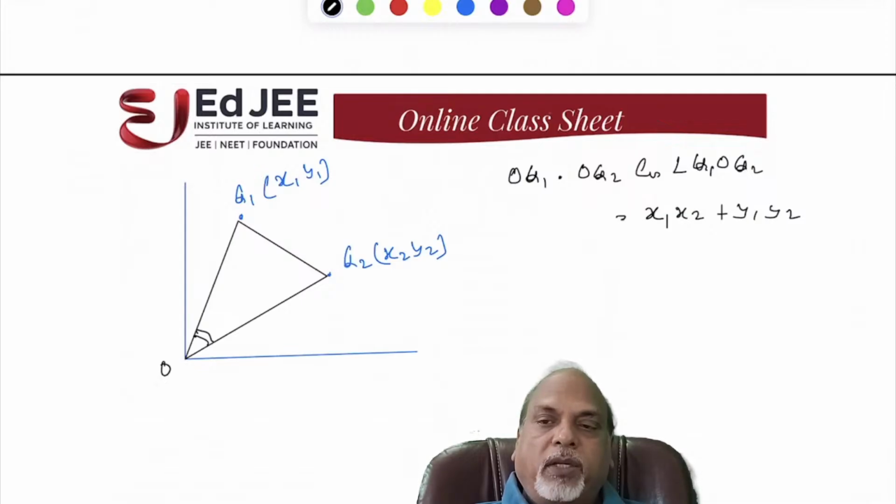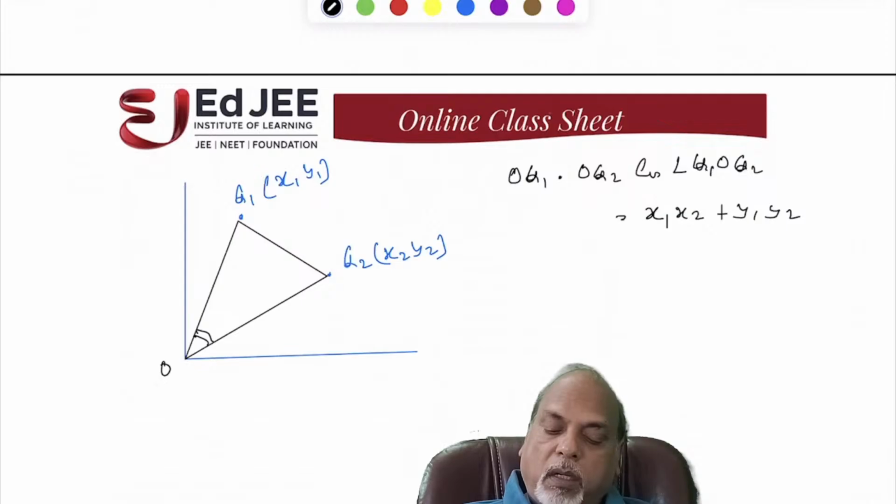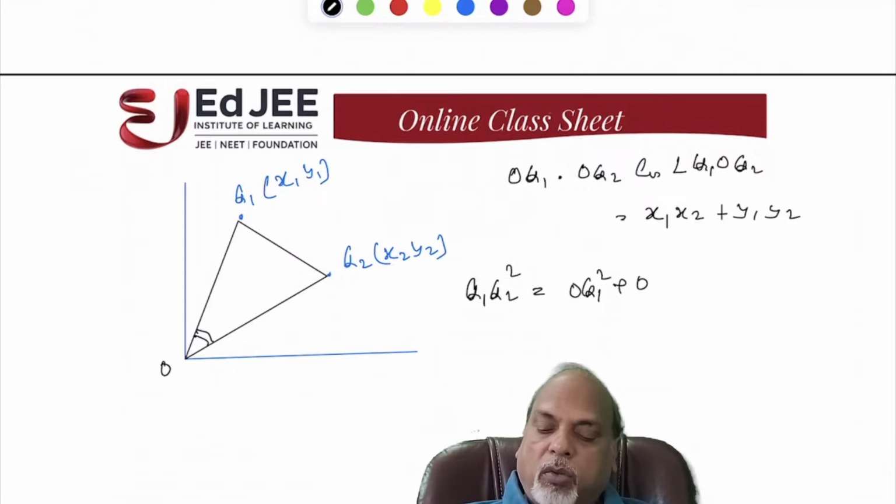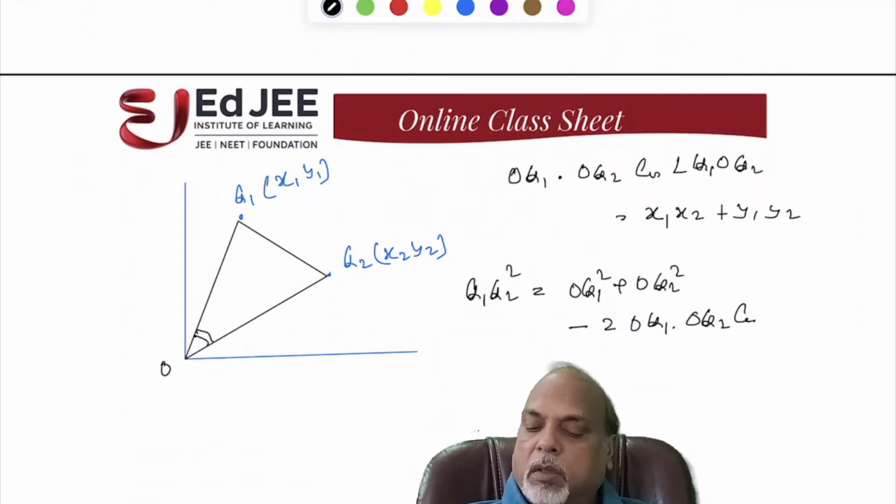So you must have seen in your vector analysis that Q1 Q2 square is nothing but OQ1 square plus OQ2 square minus 2 OQ1 dot OQ2 cos angle Q1 O Q2.